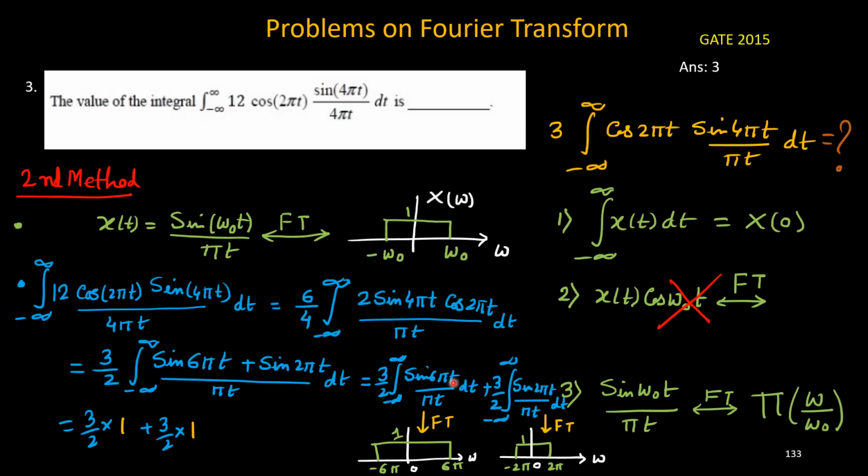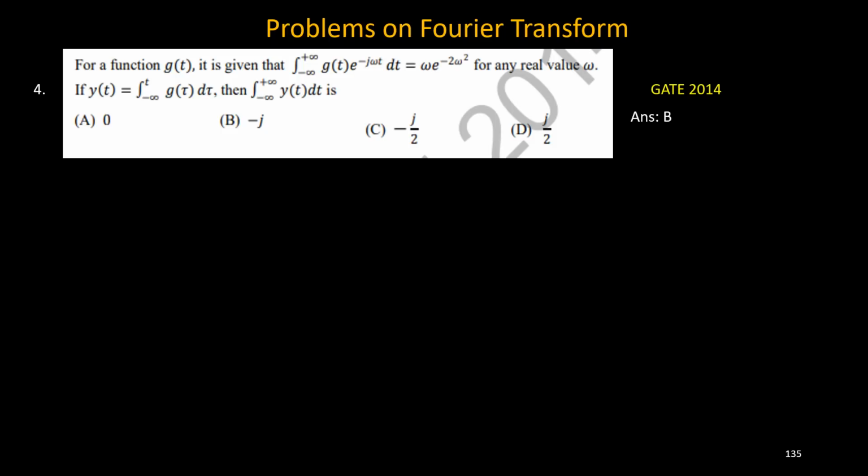The area under the time domain signal is the value at 0. At 0 it is 1, and it's also 1. So it is 3 by 2 into 1, again 3 by 2 into 1, so the total value is again 3. In this way also we can solve this problem. Okay, we'll consider the next problem.